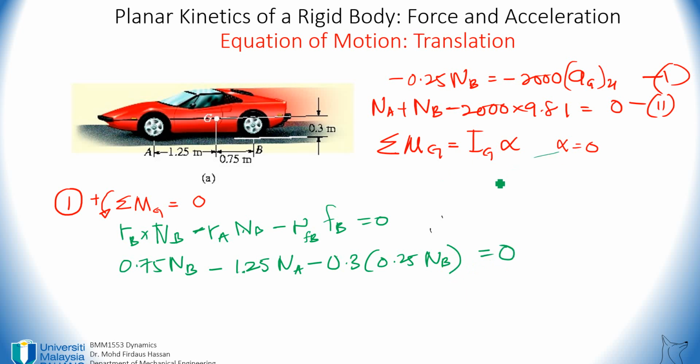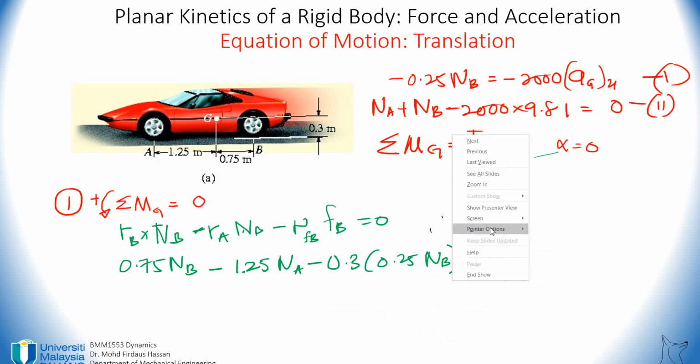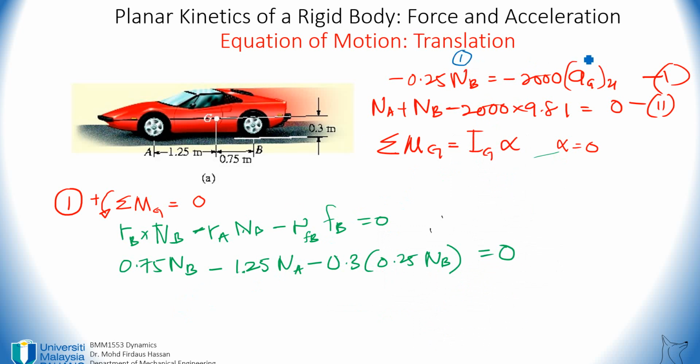Now, how many unknowns do you have? One unknown, two unknowns, and the third unknown, A, the same unknowns NA and NB.